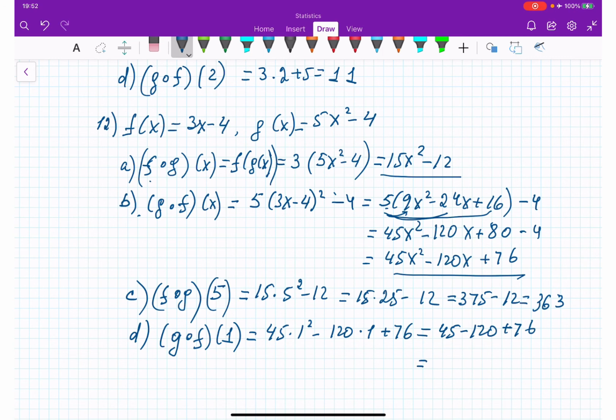First of all, 45 minus 120 is going to be negative 75. Looks like I'm tired. 75, and then plus 76, it's going to be 1.